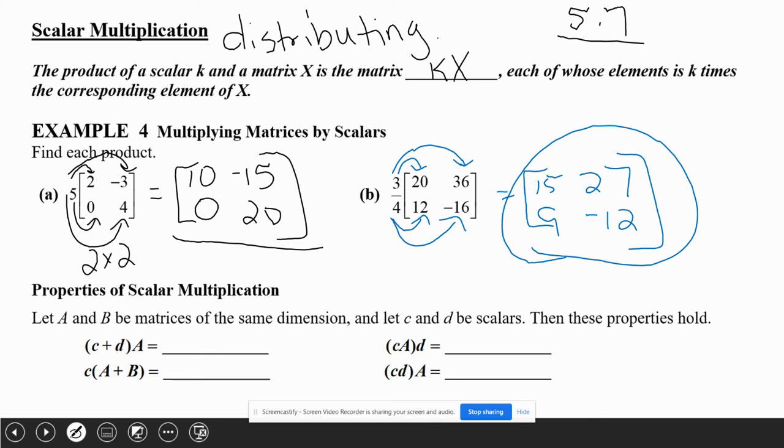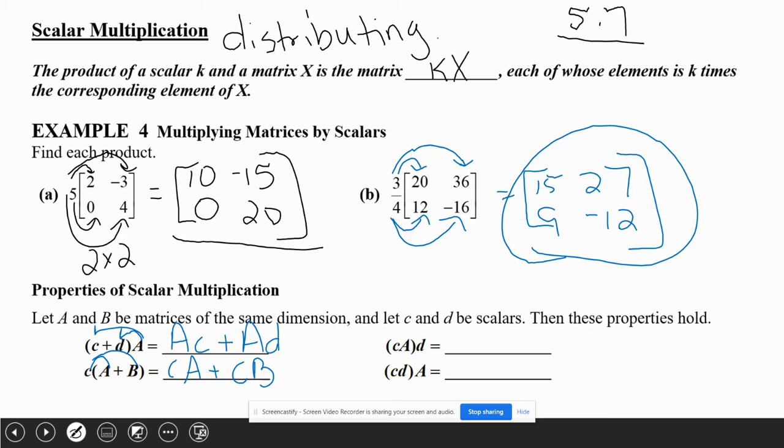On the bottom, these properties are just showing you all the different ways that these can be multiplied. So distributing here, you'd have AC plus AD, CA plus CB.